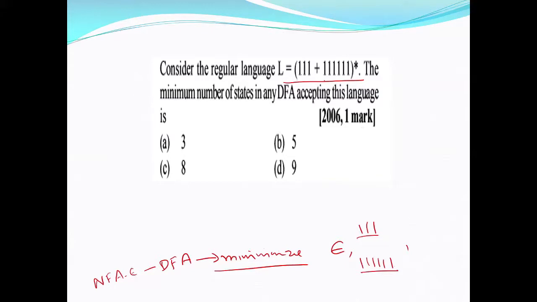If I repeat 2 times, suppose I repeat this 1 1 1 and this once again 1 1, you get 6 ones. Suppose I repeat this one and this 2 times, you get 9 ones.